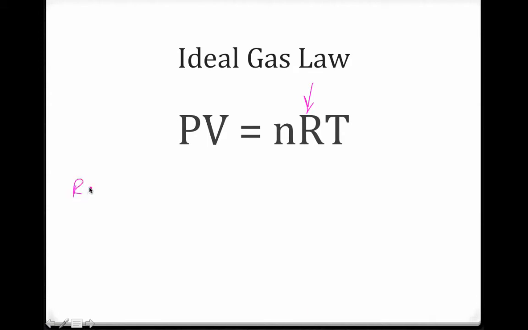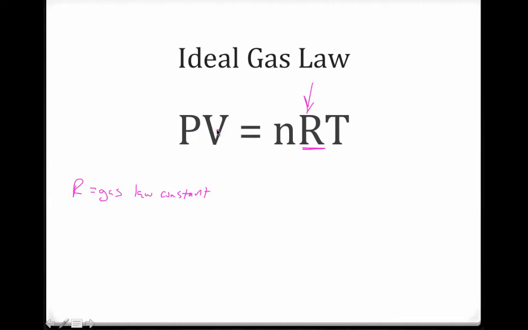R is our gas law constant. Pressure times volume is not equal to the product of numbers of moles and temperature, but they're proportional, and the ratio that connects that proportion together is the value R. To determine this value, scientists did lots and lots of experiments with real gases.